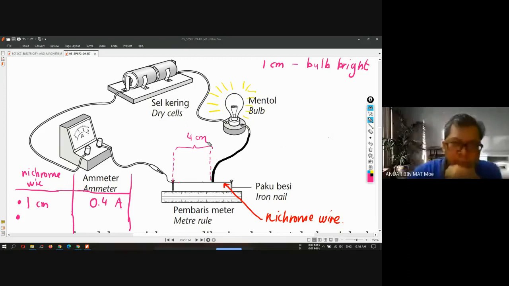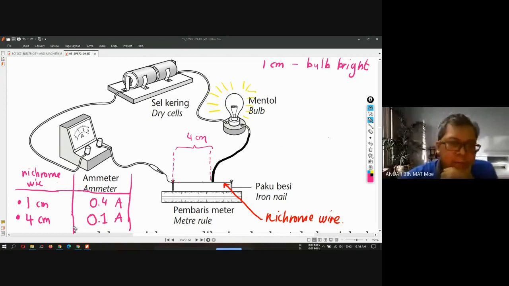Okay, can you follow me, class? So for 4 centimeter of nichrome wire, I write here 4 centimeter of nichrome wire, and the reading of the ammeter will become 0.1 ampere.